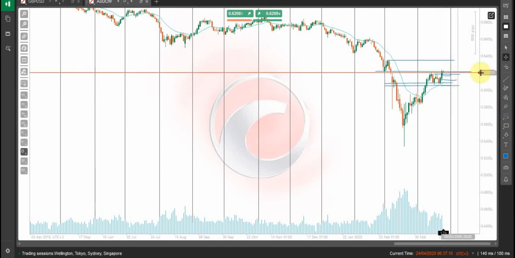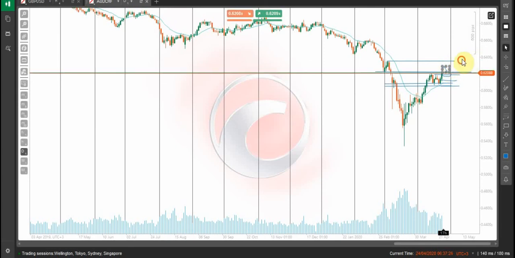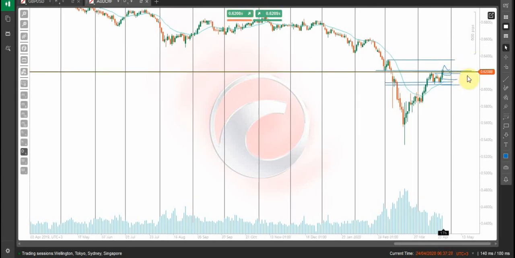So the best thing for him to do is wait for a clear breakout in this area, then enter right here, with the stop loss below that area, somewhere right here. That would be the best spot for the stop loss.